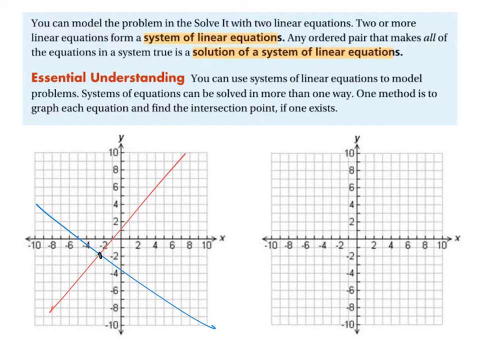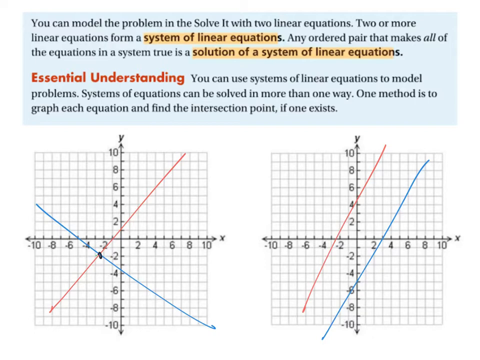Now, there are a couple of special cases that you're going to come across, like this. One of the lines looks like that, and the other line looks like that, essentially parallel to it, or it is parallel to it, and they cross nowhere, so there's going to be no point that will solve both of them. There's no solution to the system because they don't ever cross.